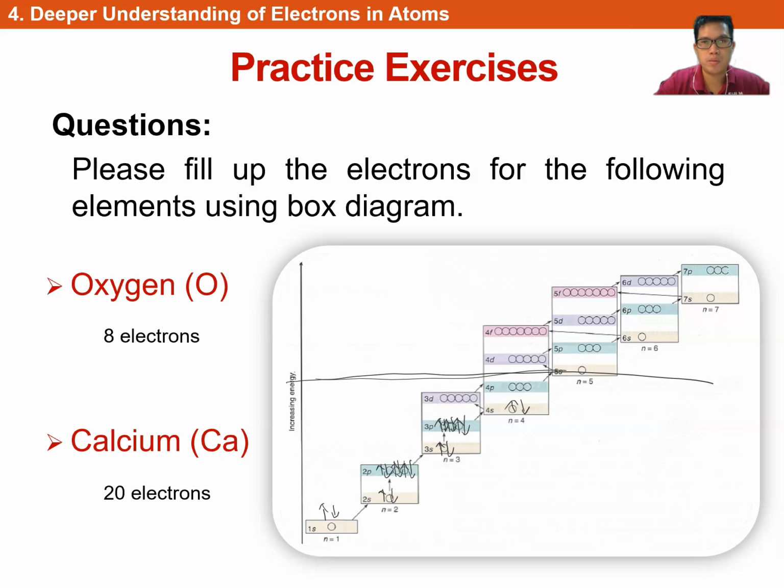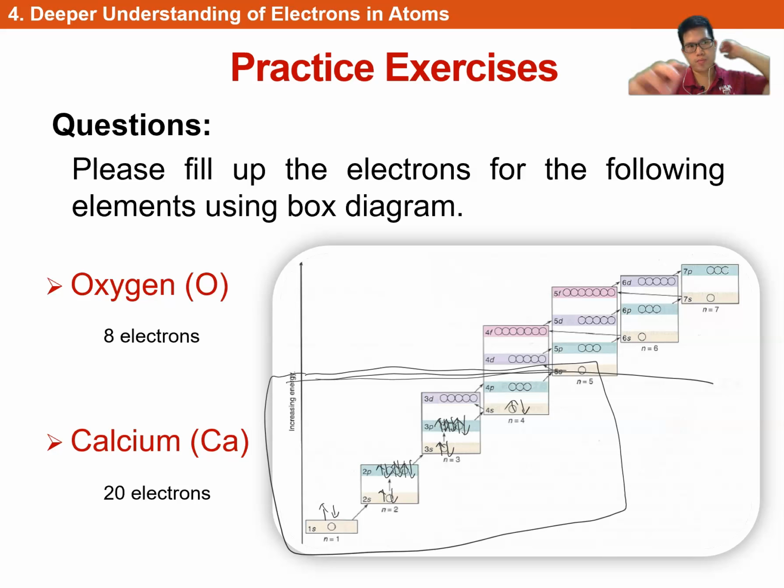So calcium has 20 electrons. When filling up the 4s, it's very common that people draw 3p here. So I suggest that you draw the whole box first, then only fill out. In the exam, we usually only cover up to 3d or 4p, I won't go higher. You just need to know how to draw the box diagram and how the electrons are arranged.